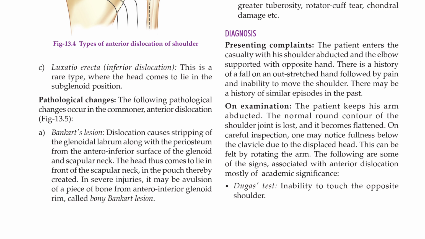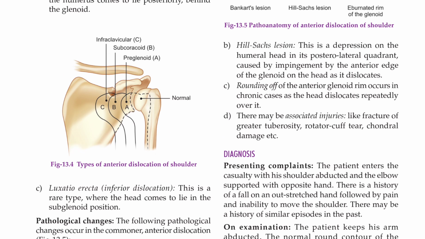In severe injury, there may be avulsion of a piece of bone from the anteroinferior glenoid rim. It is called a bony Bankart lesion.